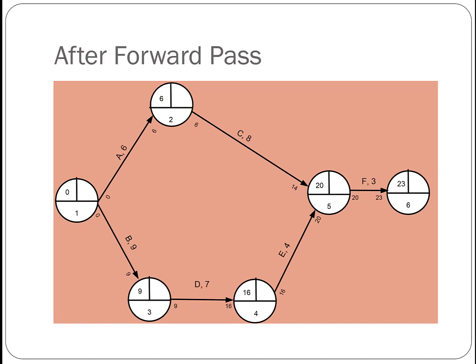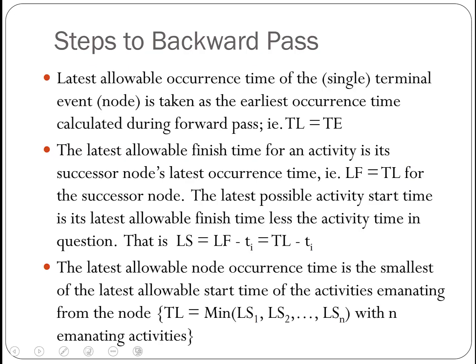Now this shows the summary of the network we have after we finish the forward pass. Next, we're going to go to the steps of the backward pass. So the latest allowable occurrence time of the single terminal event is taken as the earliest occurrence time calculated during the forward pass.